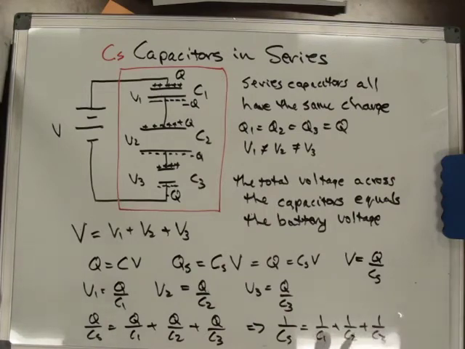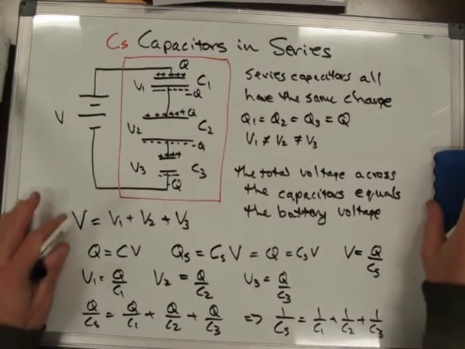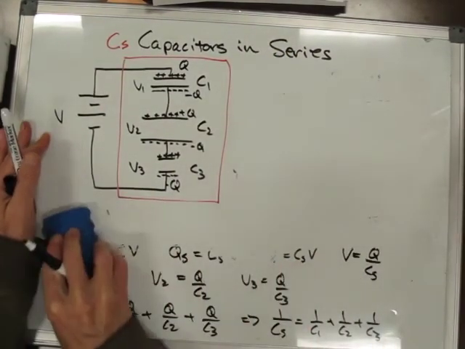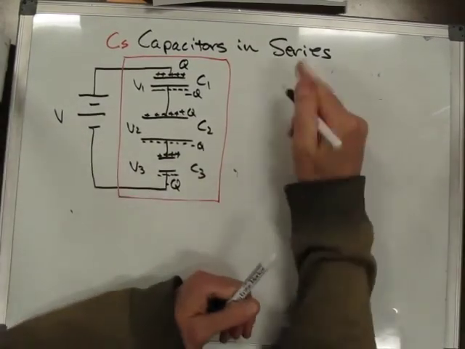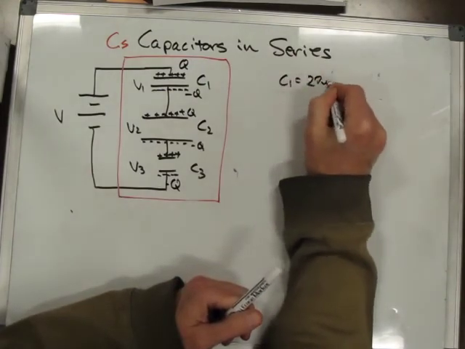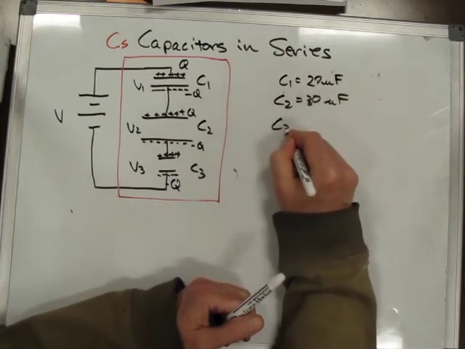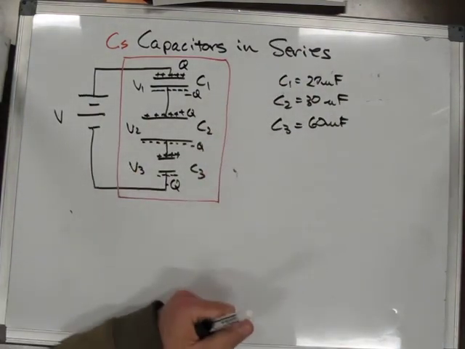In other words, if I want to add up the capacitances of a bunch of series capacitors and get their total series capacitance, I just add up 1 over all the capacitances. So in our previous example, C1 is 20 microfarads, C2 is 30 microfarads, C3 is 60 microfarads. When they were in parallel, we added them up and got 110 microfarads.